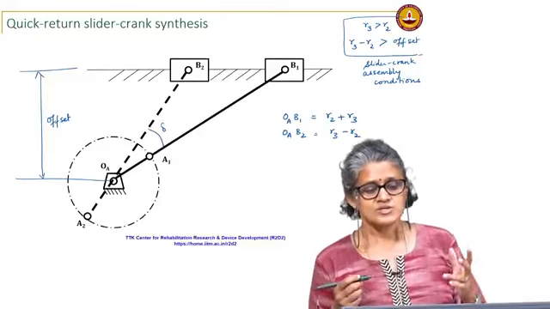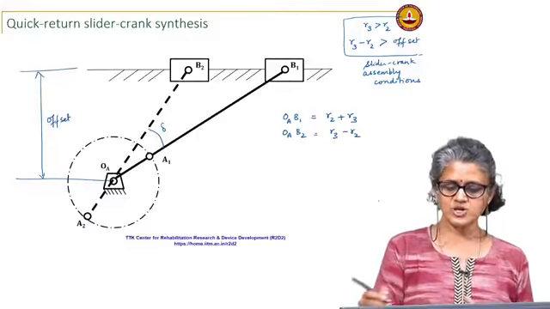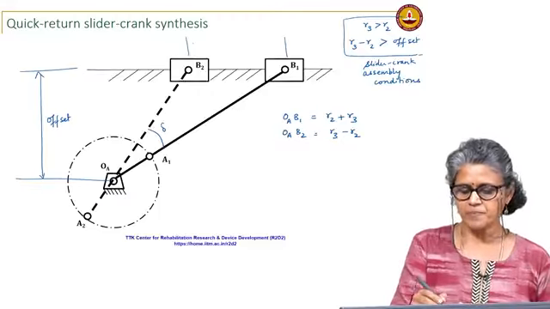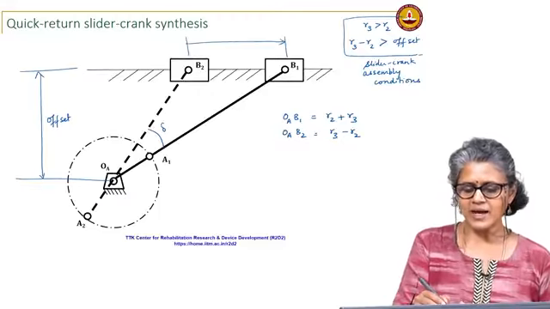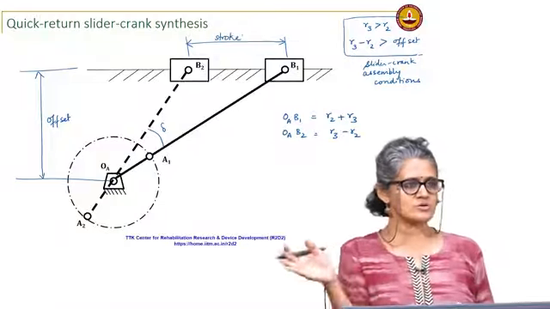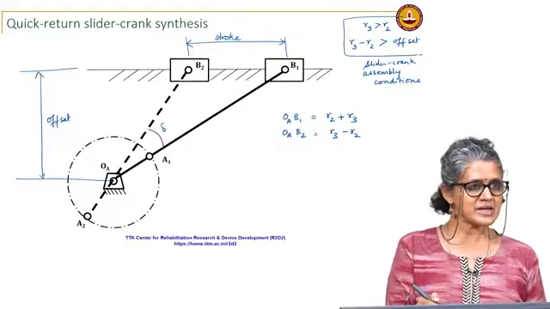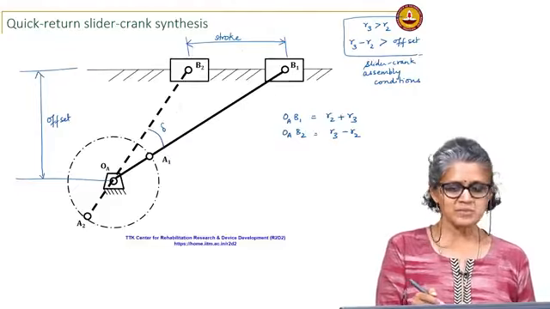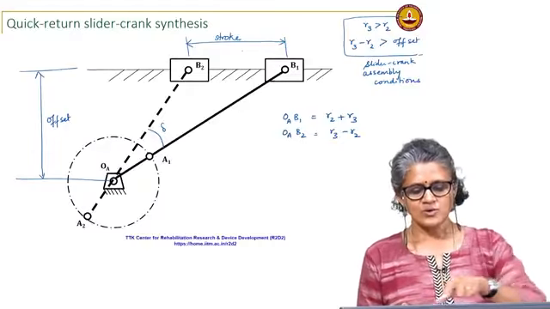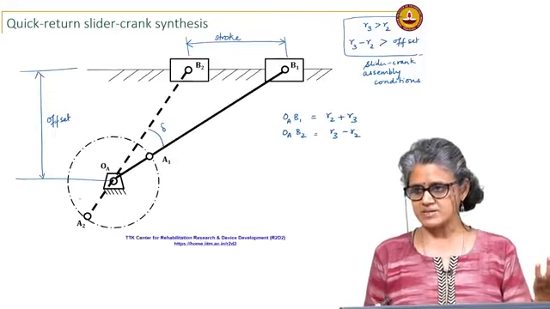Okay. So, here we have chosen, all these were free choices. The only thing I had was this stroke. Instead of the rocker angle, for the slider crank I am given the stroke of the slider. I use that and the timing ratio, so the delta based on the timing ratio, to design this. If I take a random line through B1, I am going to get some offset.